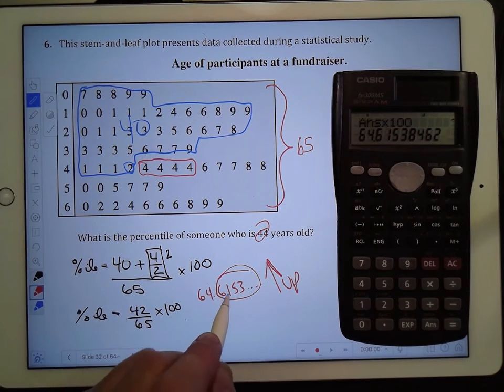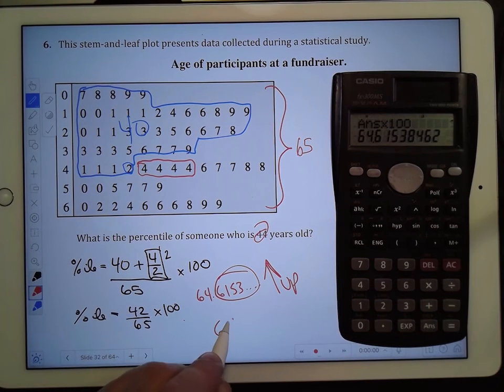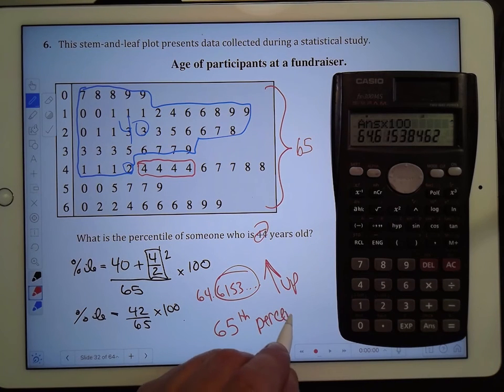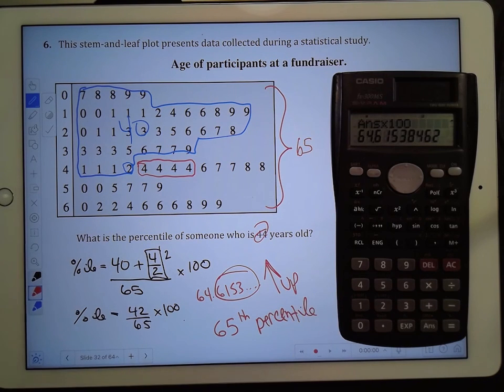Even if that was a 0.01, we're rounding that bad boy up. So we're looking here at 65 as the percentile, so 65th percentile as your answer. And that's it for number 6.